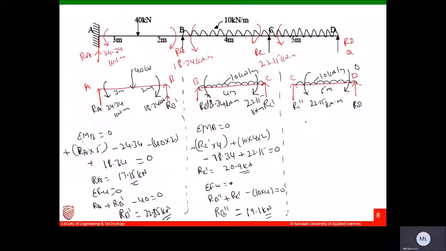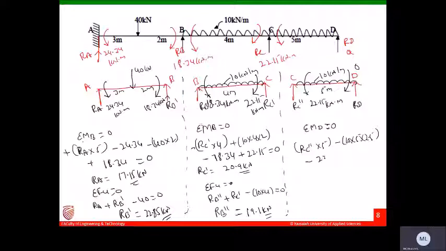Okay, now let us take sigma MD equals to 0. RC double dash into 5 is rotating clockwise plus, minus 10 into load into distance by 2, this is for UDL.